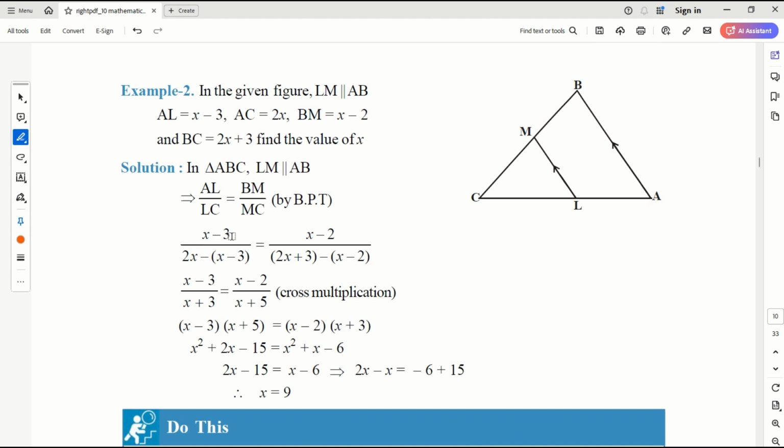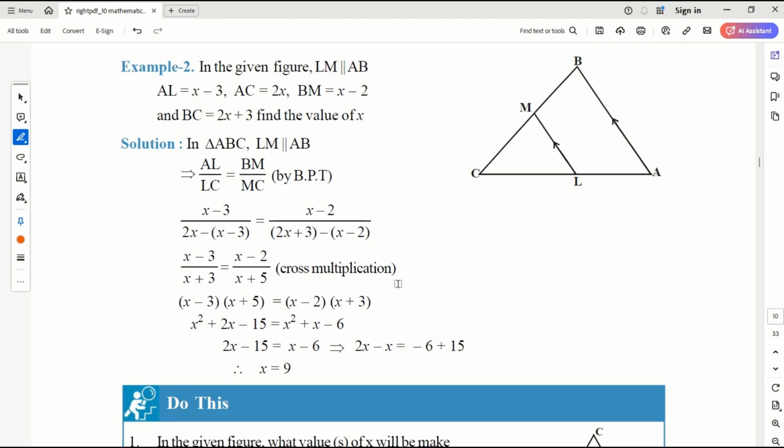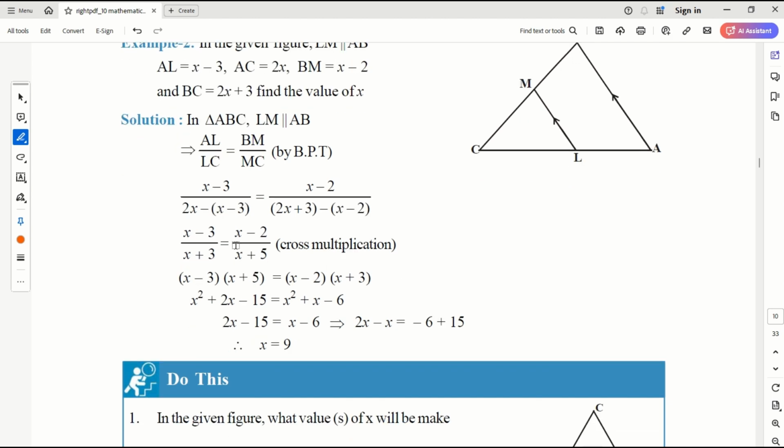Now x minus 3 by LC, and LC is nothing but AC minus AL, that is 2x minus x minus 3, equals x minus 2 by 2x plus 3 minus x minus 2. Now you simplify it with cross multiplication. You get a quadratic equation, x square plus x minus 6.